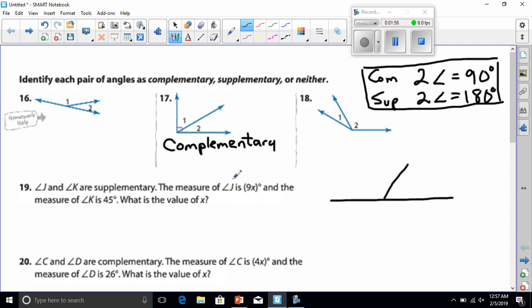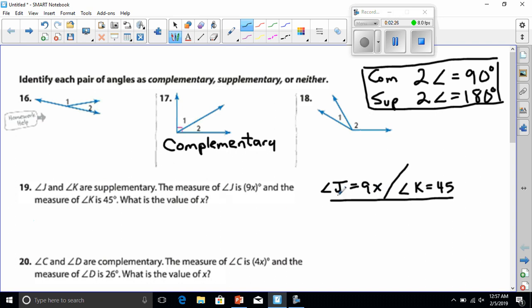The measure of angle J is 9x and the measure of angle K is 45. Well, we're going to put angle K over here. That equals 45. And this is angle J, and that equals 9x.